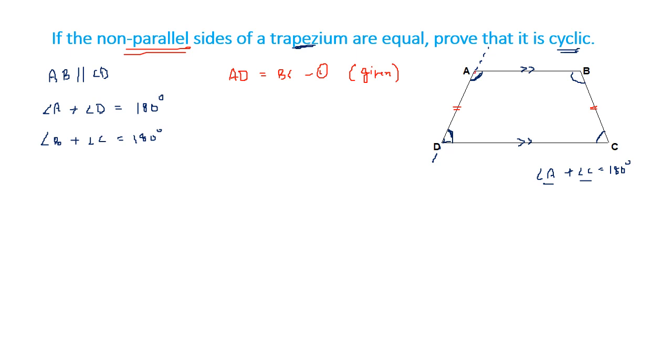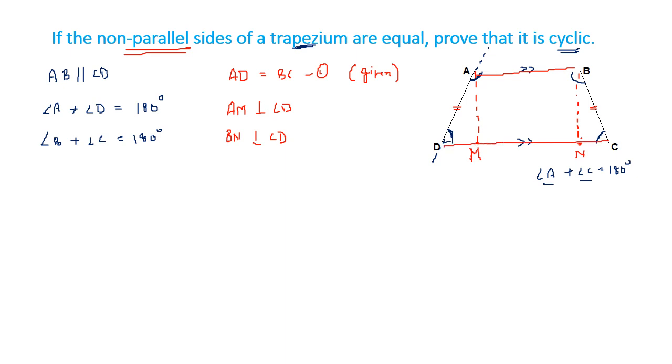You have to draw the perpendicular and call it AM. Draw AM perpendicular to CD. Similarly, draw another perpendicular BN. Also, BN is perpendicular to CD. Now you see here, these lines are parallel.